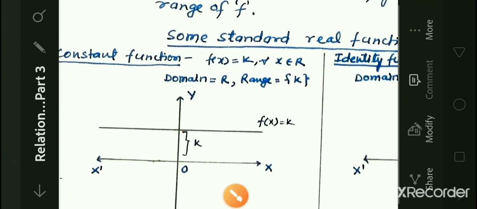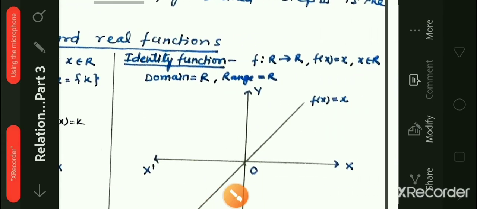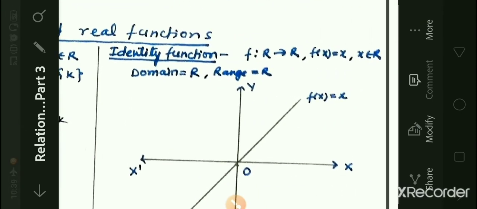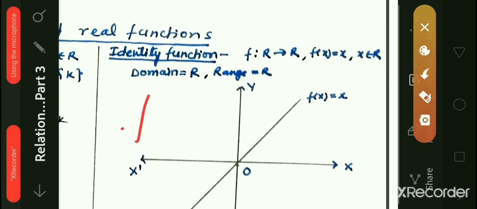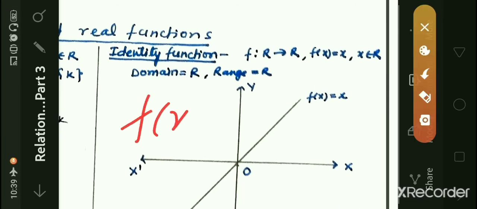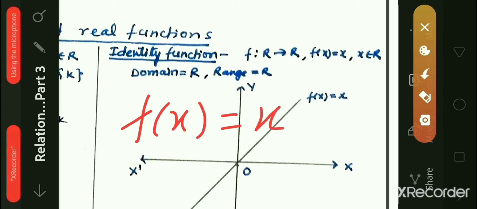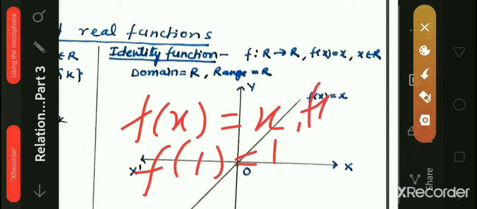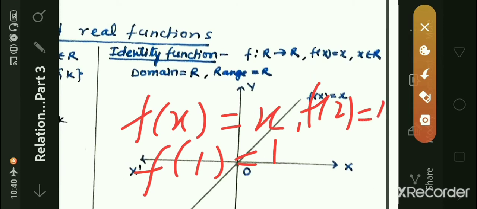Now, move to another function, that is the identity function. In the identity function, what is input, that is output. Means if you put 1, you will get 1. If you put 2, you will get 2.